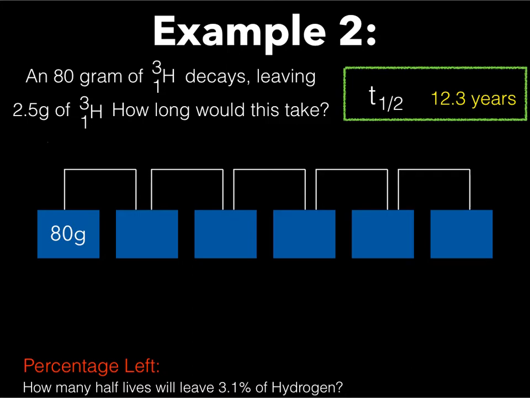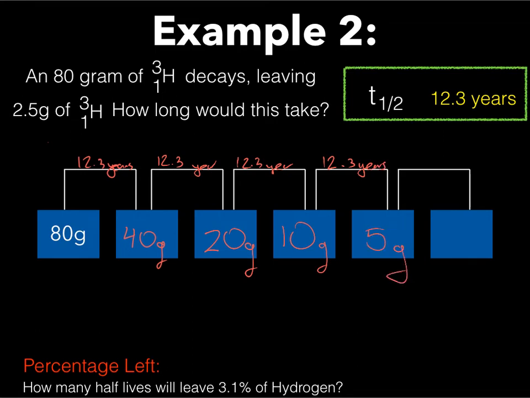Half of 80, when 12.3 years go by, we're left with 40 grams. Then another half-life goes by and we're left with 20 grams, and that takes another 12.3 years. Another 12.3 years, we're left with 10 grams. Then another half-life, we're left with 5 grams. And then another 12.3 years, we have 2.5 grams.